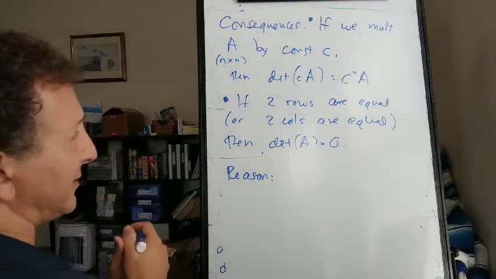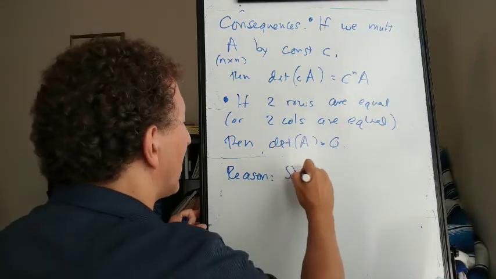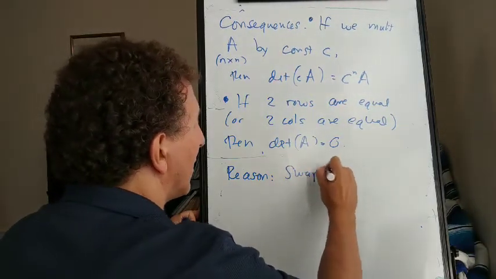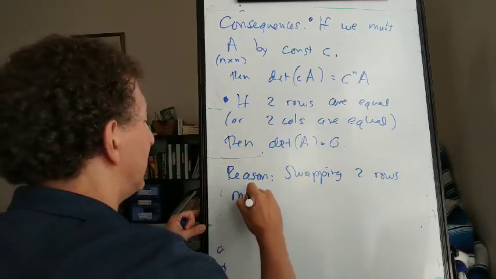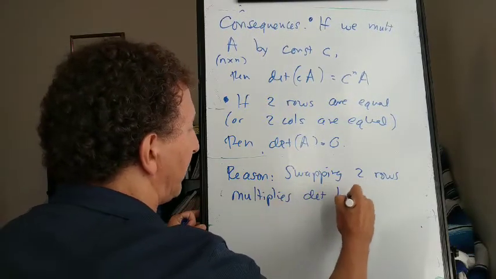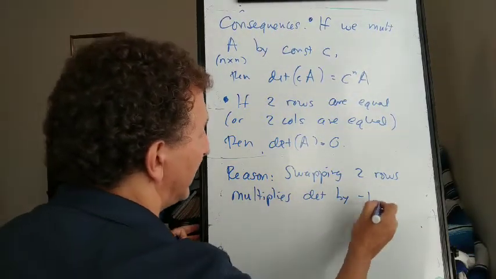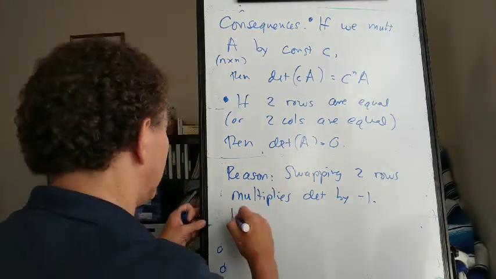And one way to see this is that suppose we swap the two rows. So swapping two rows multiplies the determinant by -1, we said. But swapping two equal rows doesn't do anything to the matrix.